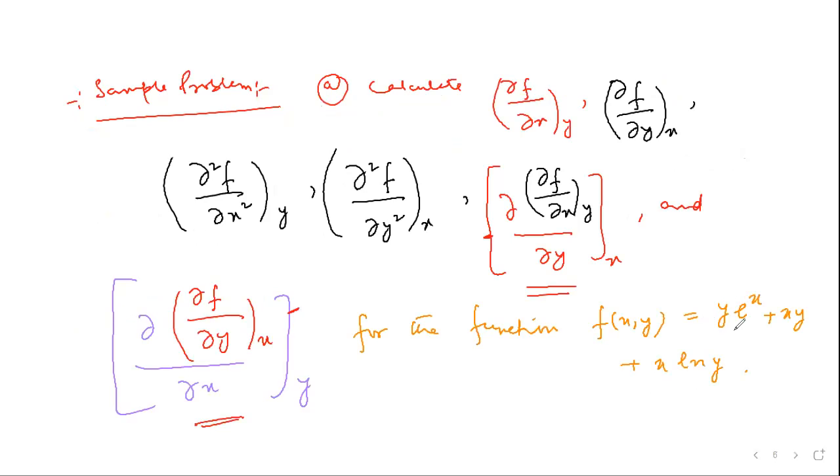This is my function. First term I will get e^x. Second I will get just x. We are differentiating with respect to x. So y is constant. Here you will get y times e^x, since the derivative of e^x is e^x. Here we will get just y, since ∂x/∂x is 1.